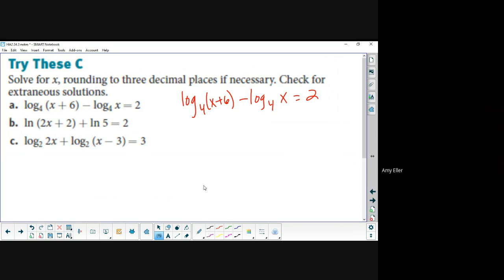If I have 2 logs, how do I combine two logs into a single log if there is subtraction? Dividing. Does it matter which goes on the top? Yes. The first one listed goes on top. The one that follows the minus goes on the bottom.